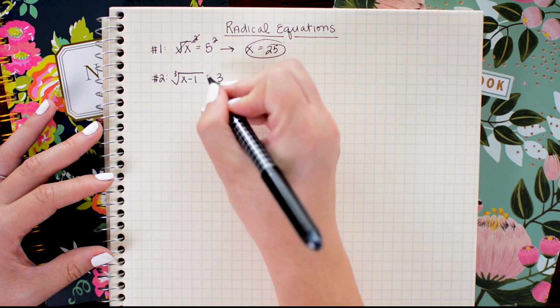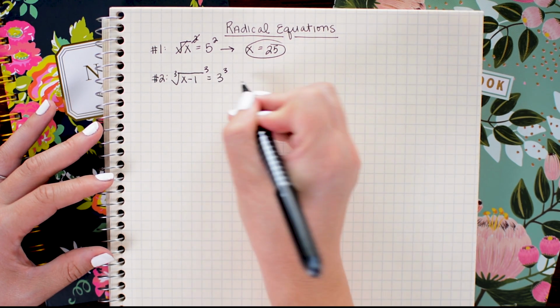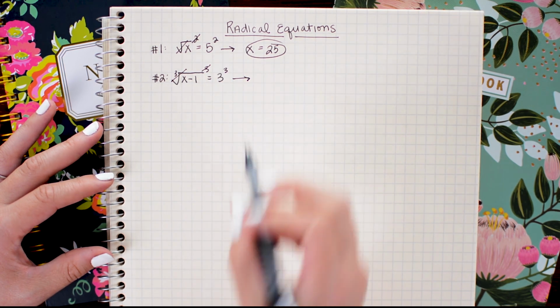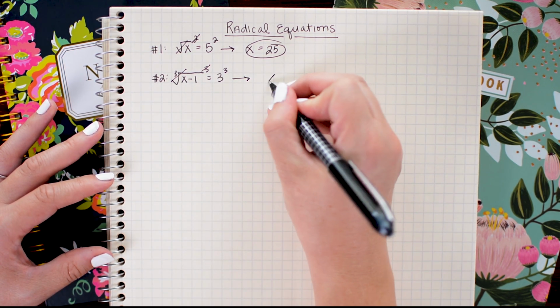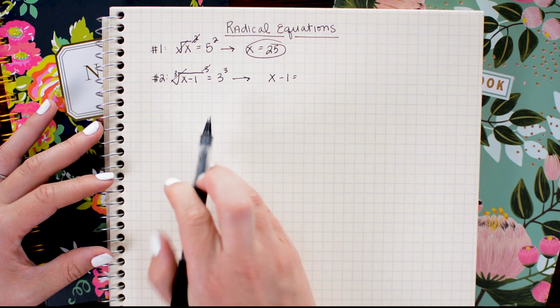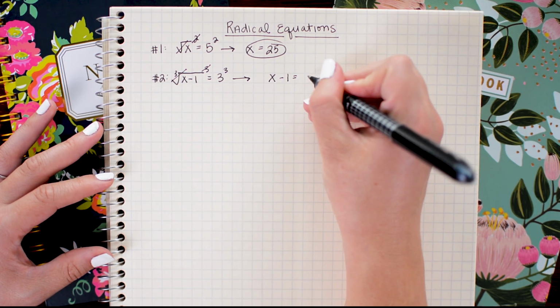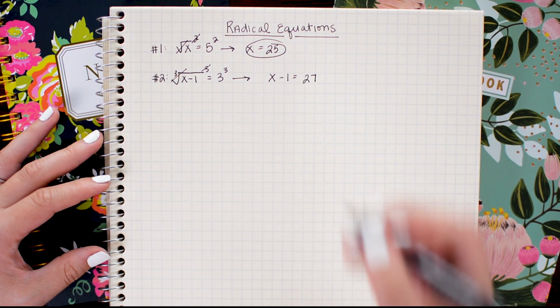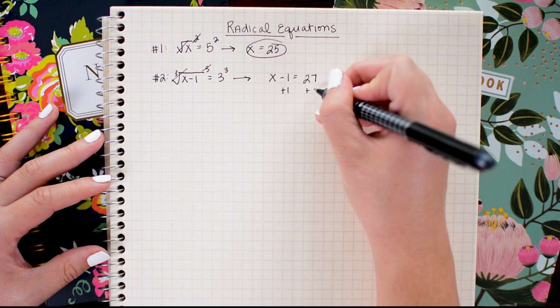So I'm going to apply that to both sides. And this will cancel out, and we'll have x minus 1 equals 3 cubed, which is 27. Now I have a basic equation to solve, and I'm going to add 1 to both sides.